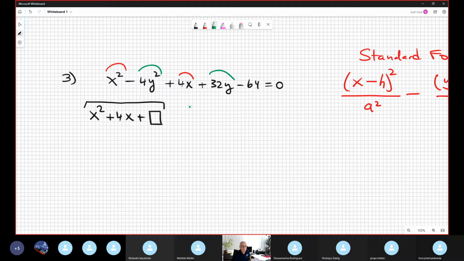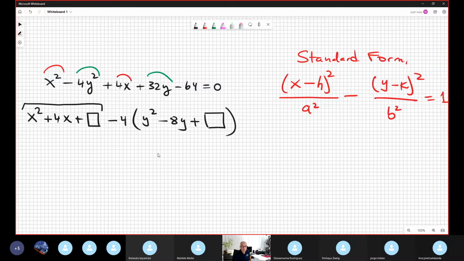You factor out negative 4, parentheses, y squared minus 8y. Why minus? Because minus times minus is positive, like the original. You factor out negative 4, and inside the parentheses it stays negative 8, because negative 4 times negative 8 is 32 positive. Another box. And on the right hand side, we have 64 plus 2 boxes.